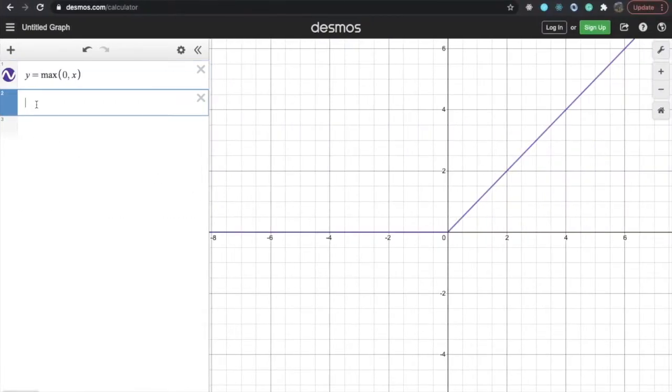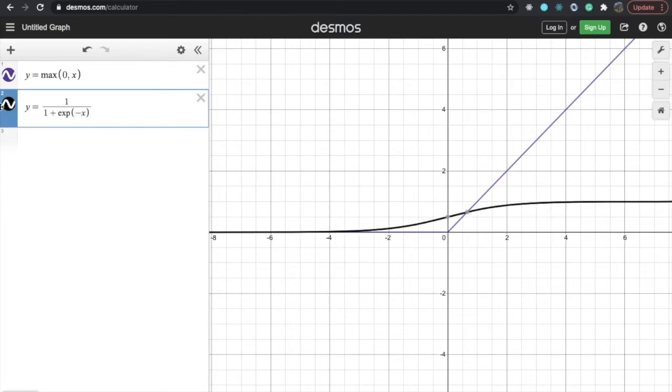So let's plot them on our screen. This is the sigmoid activation function, and let's copy it from here.